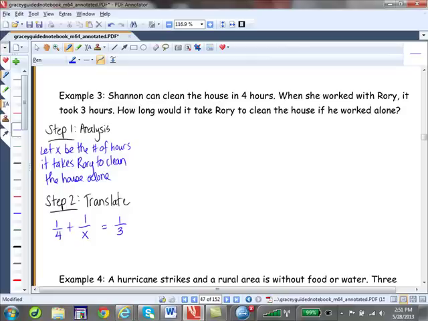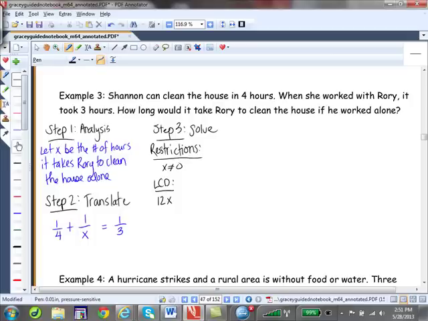So when we go to solve, restrictions, x can't be equal to 0. LCD, do you guys see it'll be 12x, right?